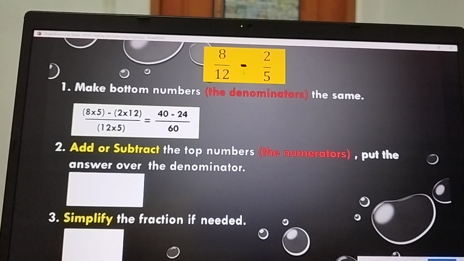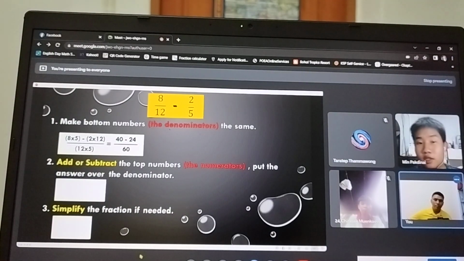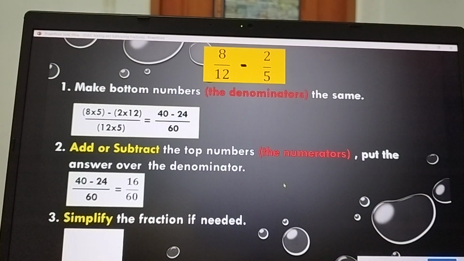Now, you can see the minus sign. So, this is subtracting fractions. 40 minus 24, Pakdinay, is 16. Okay, very good. 16 over 60. Can you simplify it? Yes or no? Yes. Okay. 16 over 60, simplify.